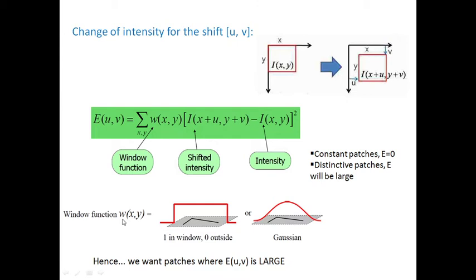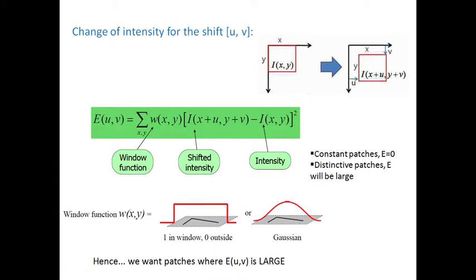The window function w of x comma y is equal to 1 within the window and 0 outside the window. Hence we want patches where E of u comma v is large. Our ultimate aim is to find the corners in a given input image.